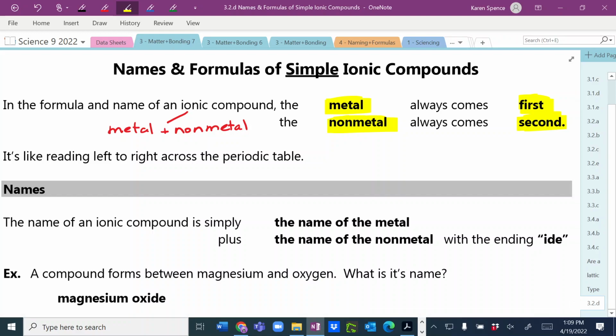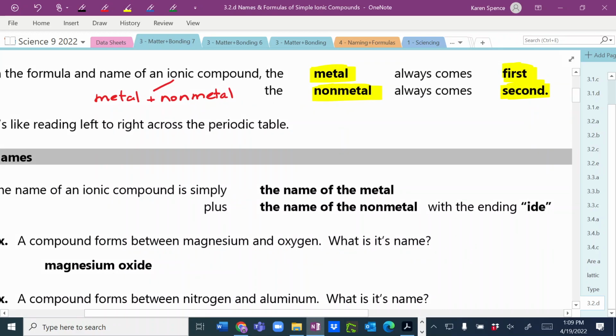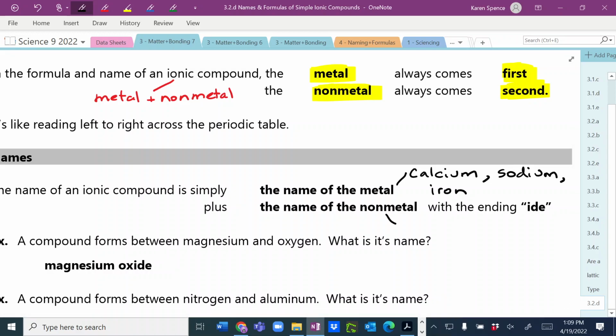And in order to name it, it is super simple. Name the metal. So you might have, for example, calcium, sodium, iron. You name the metal, don't do anything with the name, leave it alone, just read it off the periodic table. What do we do to the name of the non-metal? We change the ending to ide, I-D-E.